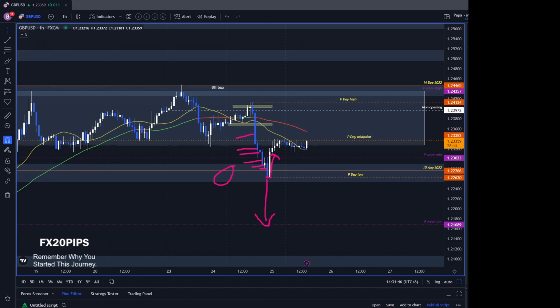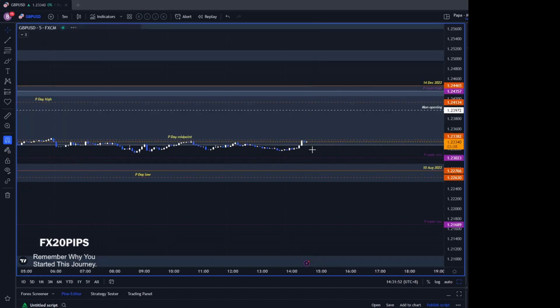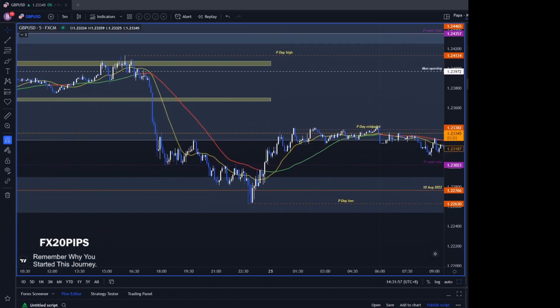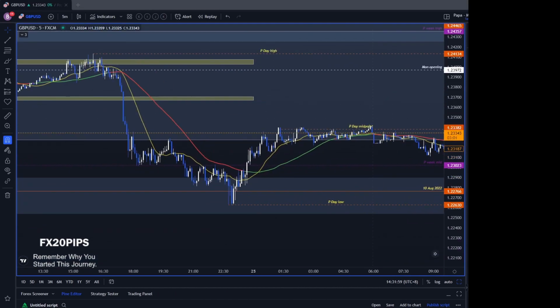If you go to a smaller time frame, say 5 minutes, you can see that as price started to reach this block here, price started to see buyers coming in. Buyers come in, news shoots it down.